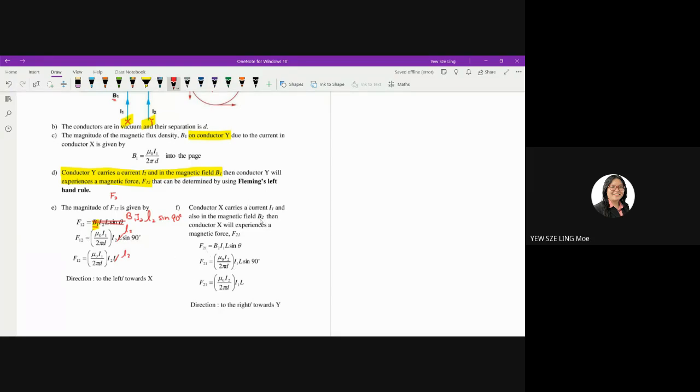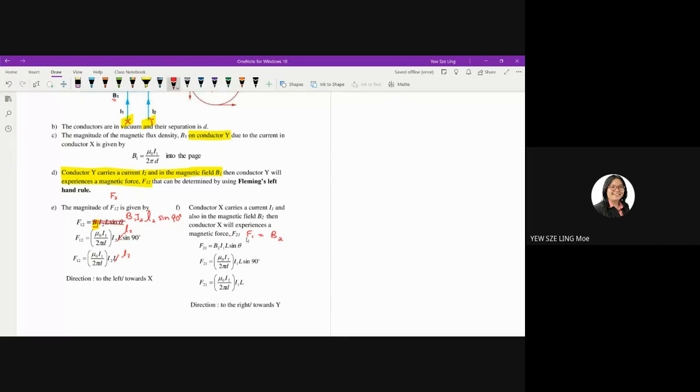So when it comes to conductor X, kalau kamu nak kira conductor X punya force, let's say this is your F1. So F1 equals B2 pula. Kamu tengok magnetic field yang dihasilkan oleh conductor Y pula. Conductor Y punya magnetic field yang akan kena pada conductor X. Dan itu yang menyebabkan ada magnetic force.